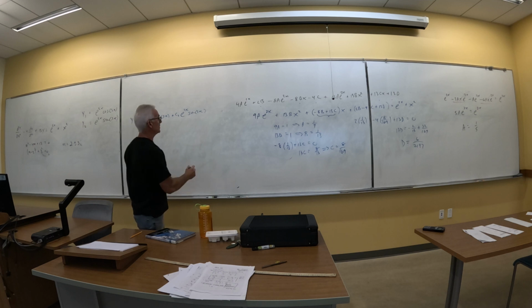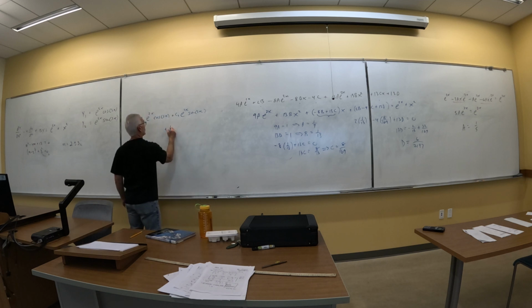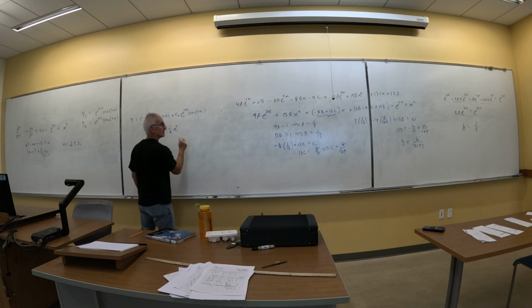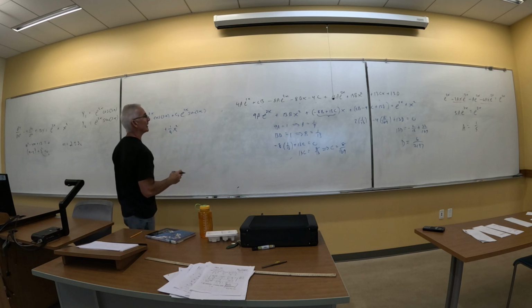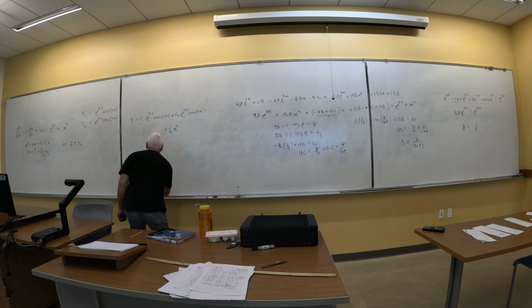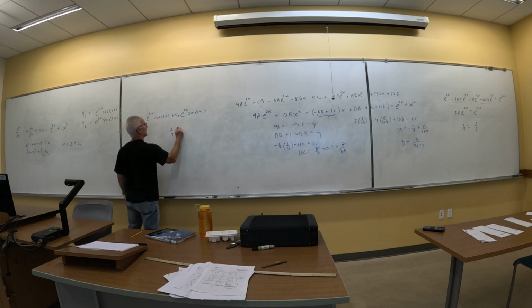Where's A? Plus 1/9 of x squared. No, did the 1/9 go with the e to the 2x? Oh, did I? Yeah. It went with the e to the 2x up here. Oh, thank you. I'm sorry. I'm ahead of myself. 1/9 e to the 2x.